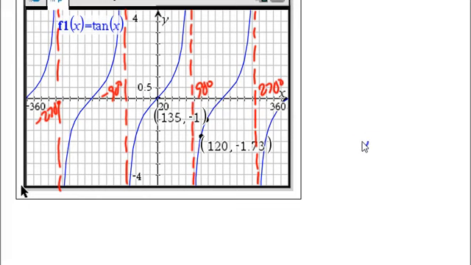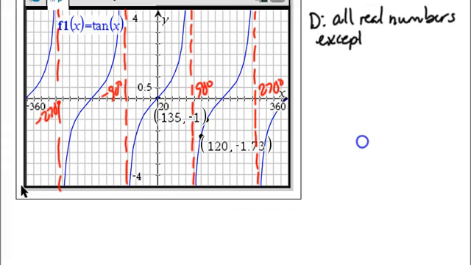So when we talk about the domain of the tangent function, we have to say all real numbers except positive and negative 90. Actually, a better way to say that. How do I say that? I can't say multiples of 90 because 180 isn't an asymptote. What I do know is if I start at 90 and I go 180 this way, I'll get to another asymptote.